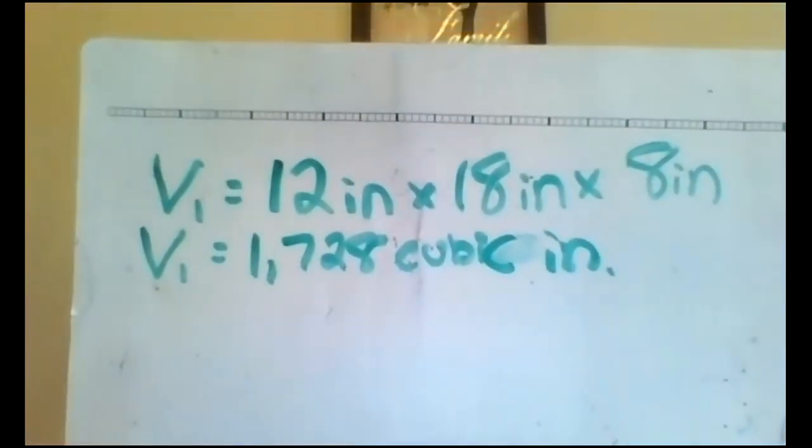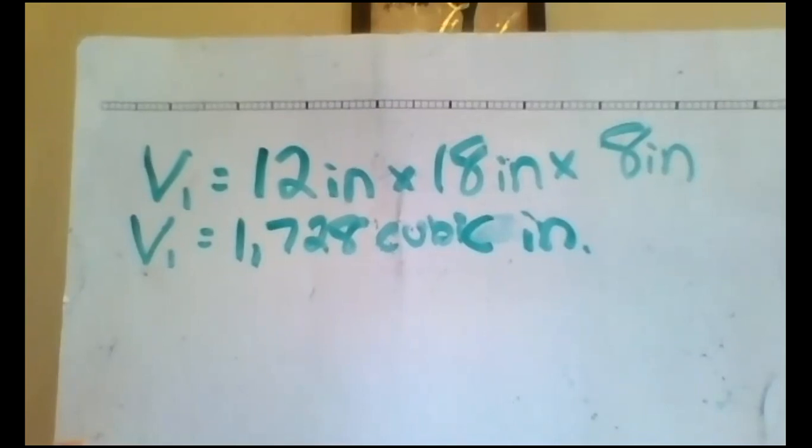And go ahead and multiply those together. 12 times 18 is going to be 216. 216 times 8 is going to be 1,728 cubic inches. Okay, so 1,728 cubic inches is for V1.